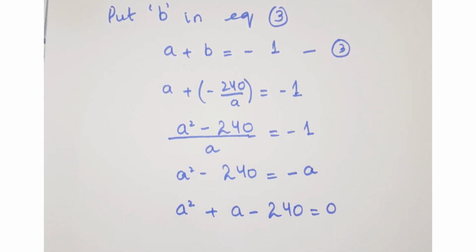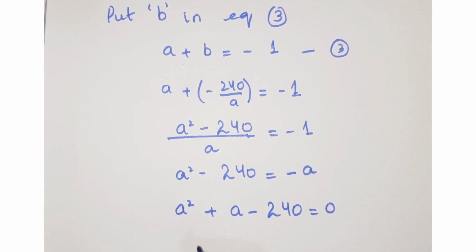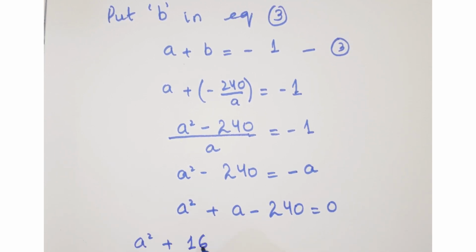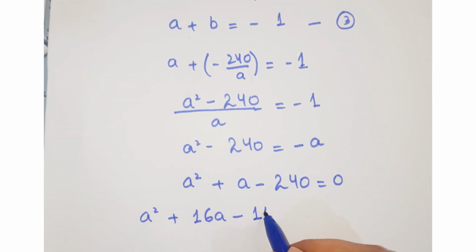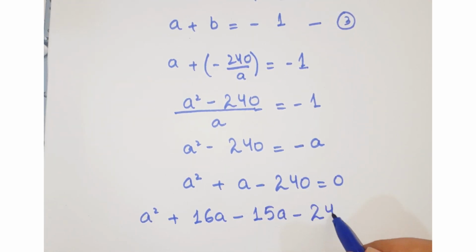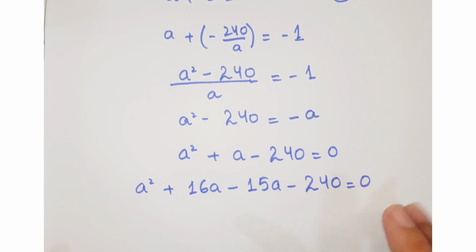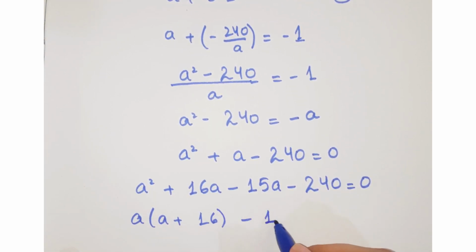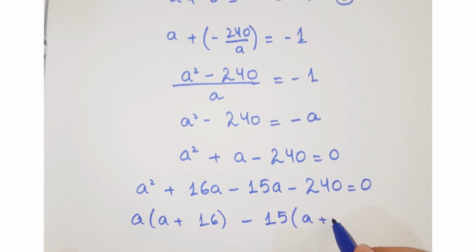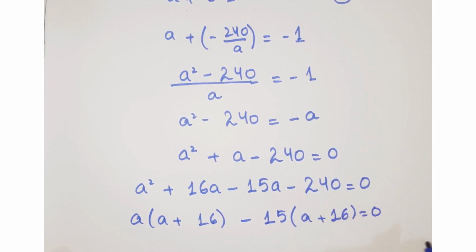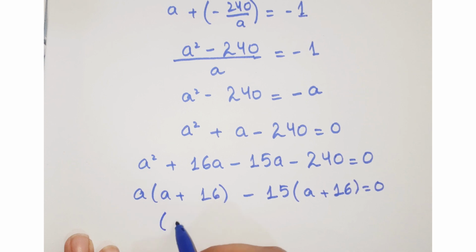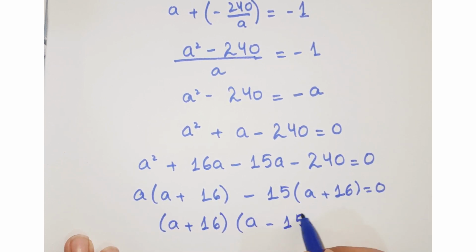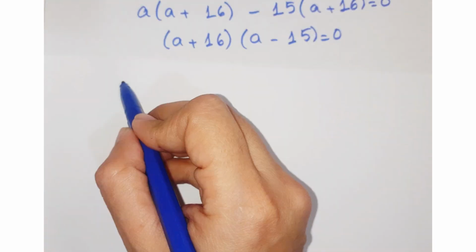Now you have, this is a quadratic equation. Now you have to find the factors of a just by breaking up the middle term. So here a square plus 16a minus 15a minus 240 is equal to 0. Taking a common, this is a plus 16, minus 15 common, so this is a plus 16 inside the bracket. Further, a plus 16 here and here a minus 15 is equal to 0.